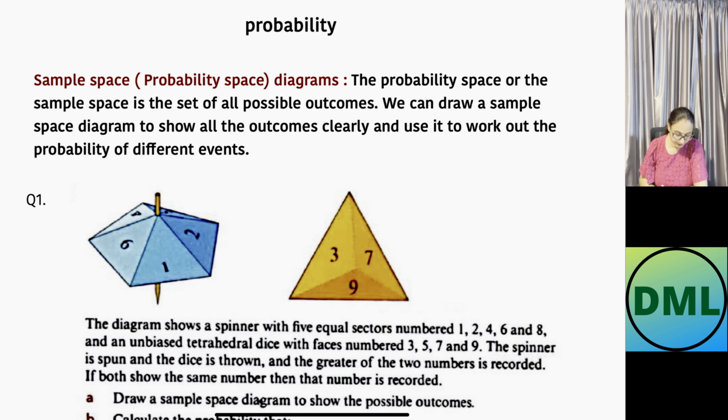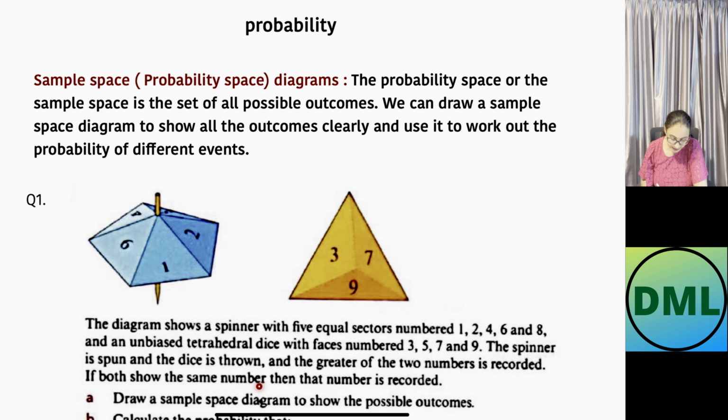Let's see one example here. The diagram shows a spinner. This is your spinner with 5 equal sectors numbered 1, 2, 4, 6 and 8, and an unbiased tetrahedral dice. This is your unbiased tetrahedral dice with faces numbered 3, 5, 7 and 9. The spinner is spun and the dice is thrown and the greater of the two numbers is recorded.